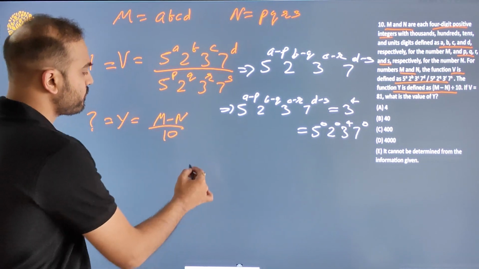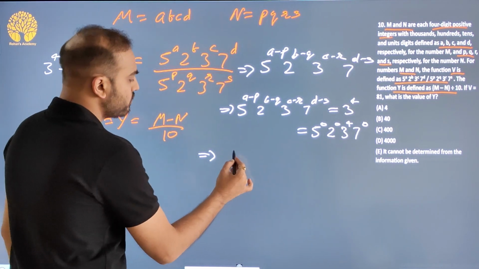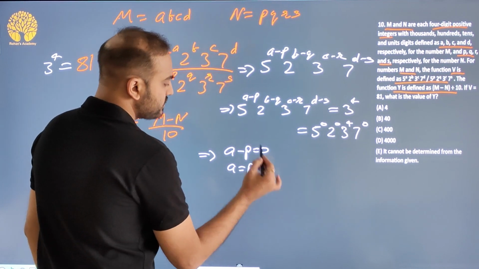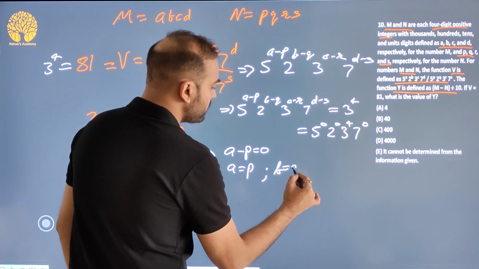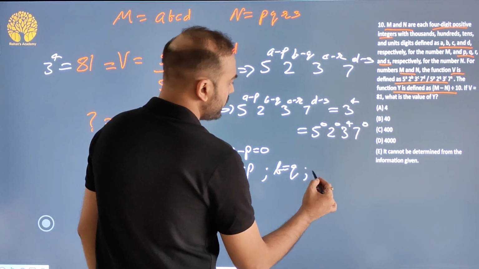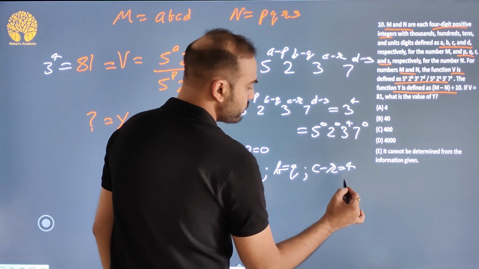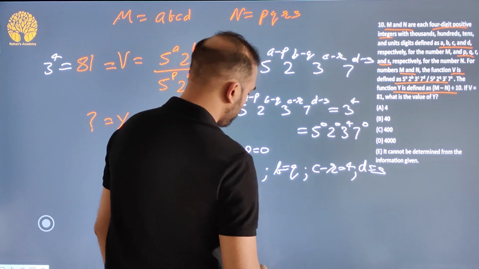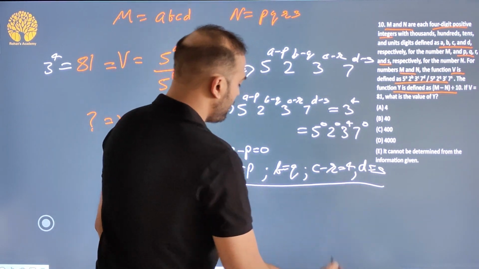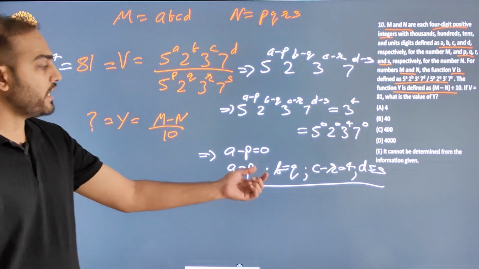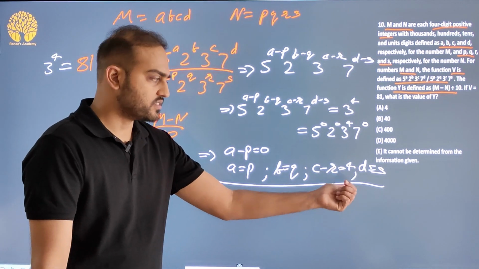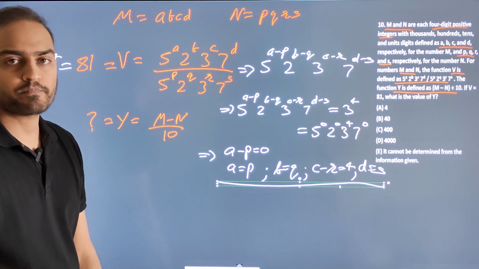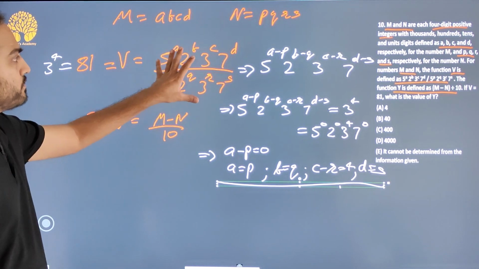Now if I equate, I get A minus P is 0, that means A is P. Similarly, B is Q. Similarly, C minus R is 4 and D is equal to S. Alright, so this is done.